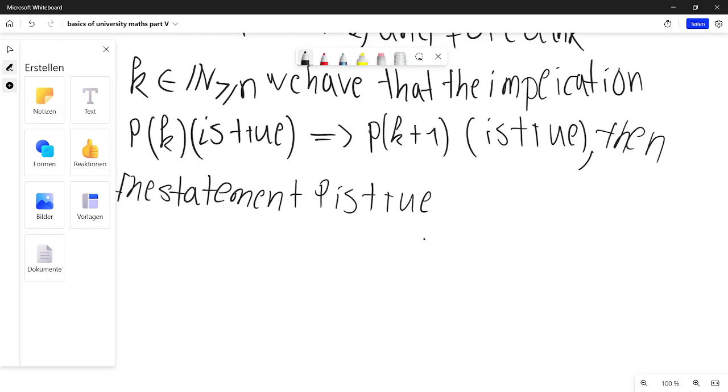The statement P is true for all numbers larger or equal n.